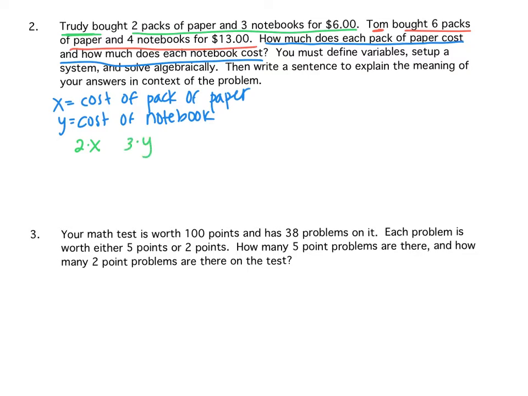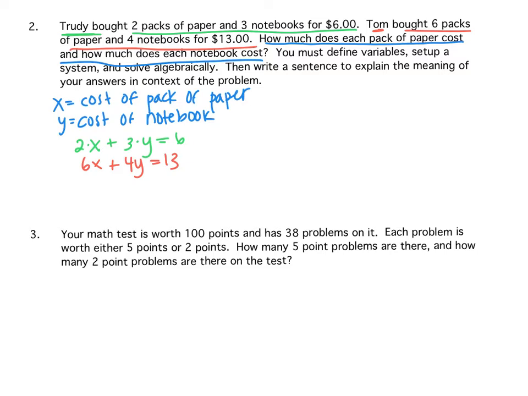So that's the cost of the packs of paper and the notebooks. When we add them together, she spent $6. Similar idea for Tom. Tom bought 6 packs of paper. So that's how much he spent on paper. 4 notebooks. That's how much he spent on notebooks. When we add them together, Tom spent a total of $13. Okay, so this is our system.